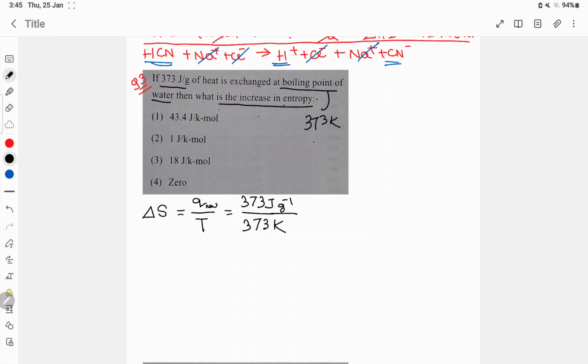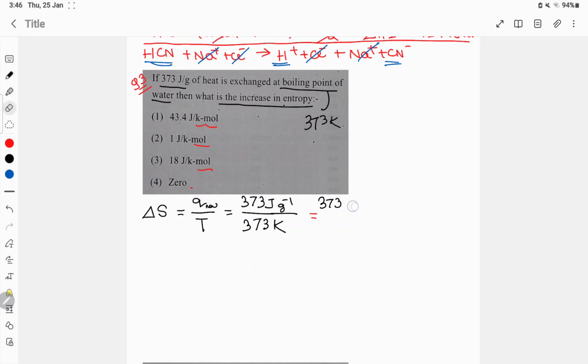Okay, joule per gram. But in the answer it is given in joule per Kelvin per mole, so we have to express it in terms of moles. Per mole means I have to multiply with the molar mass of water, 18.